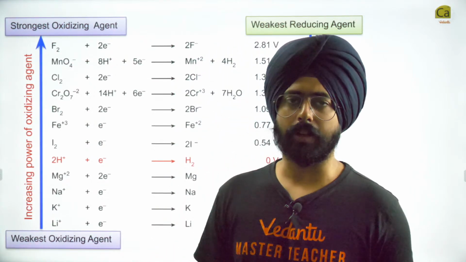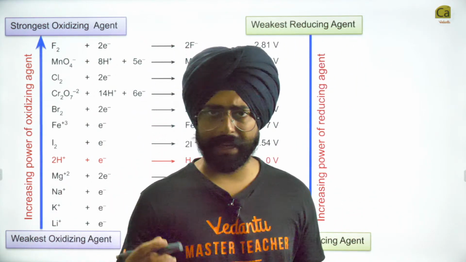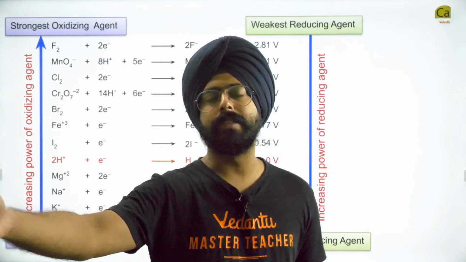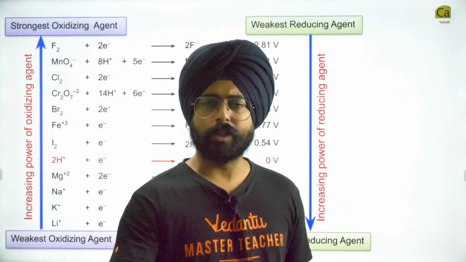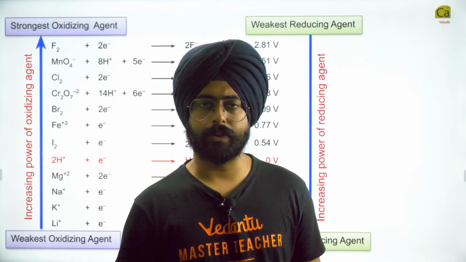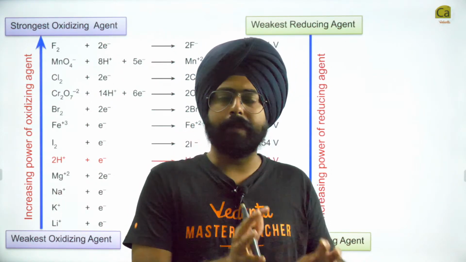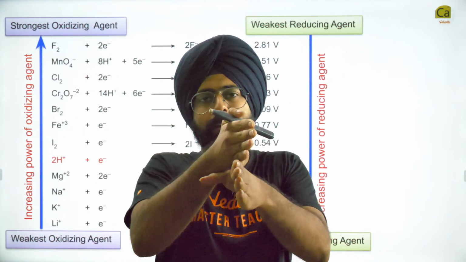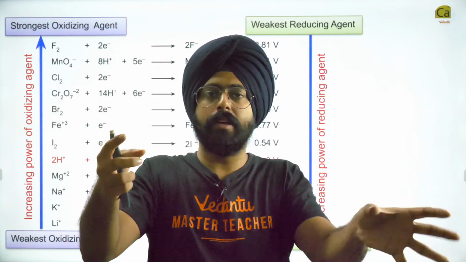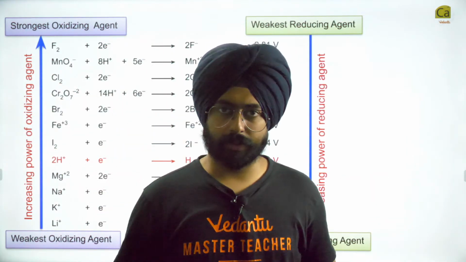So any chemical process can be thought of as a redox reaction. In redox reactions there's an oxidation and a reduction. So whenever you classify something as a redox reaction, you can break it apart into two halves. One half is the oxidation half, one half is the reduction half.